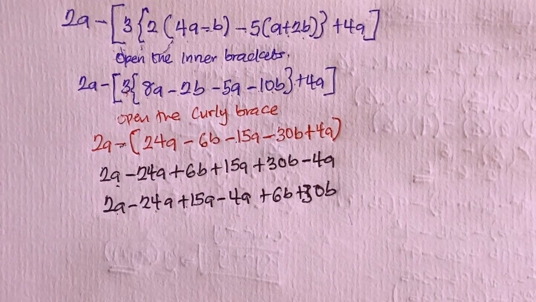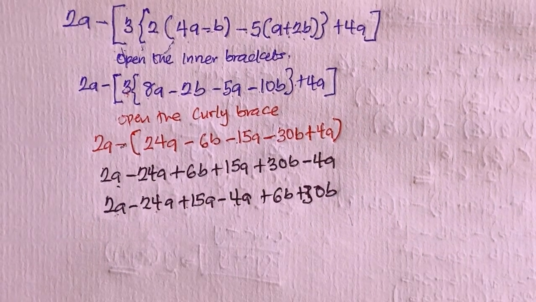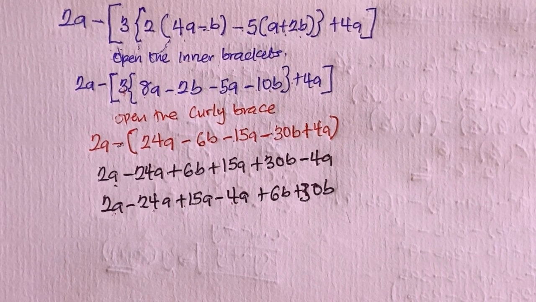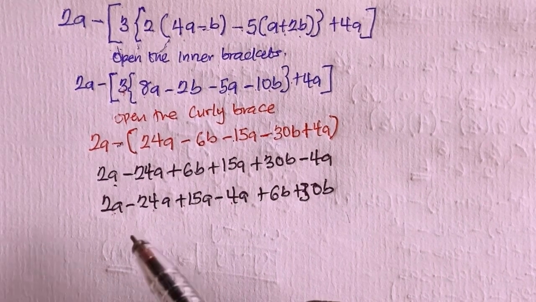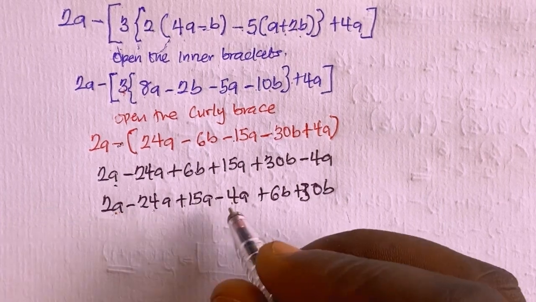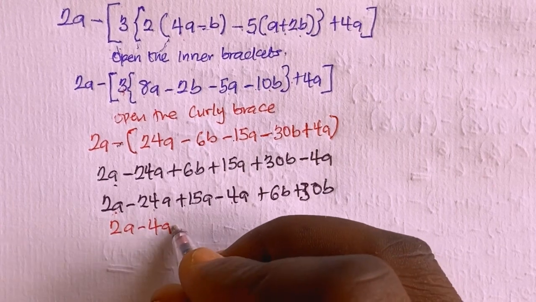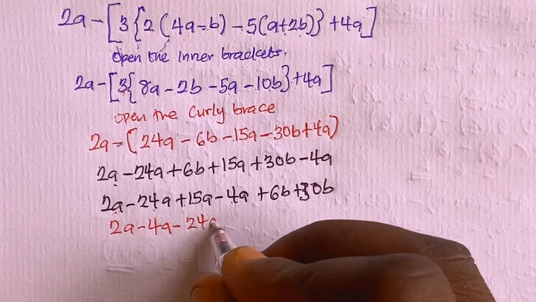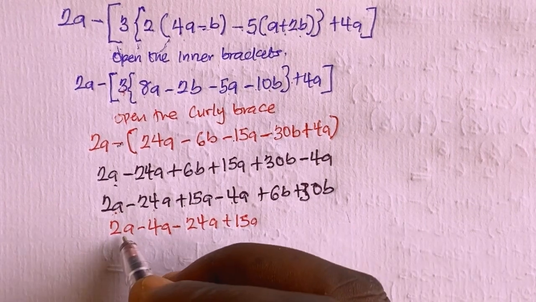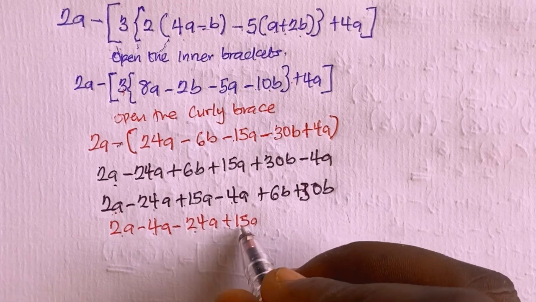Okay, let me just start like this. 2a minus 4a, right? Then I'm going to have minus 24a plus 15a. Let me simplify this first. So here I'm having coefficient of 2 minus 4, then minus 24 plus 15.